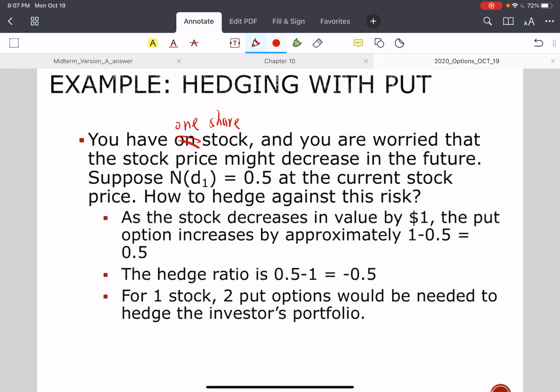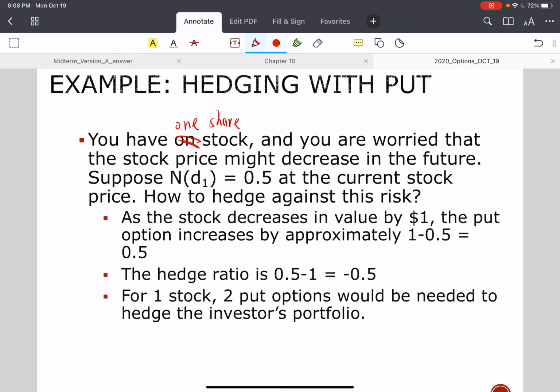So you want to hedge against this risk, and we assume N(d1) is 0.5 at the current stock price. How do you hedge against it? Well, a general result about hedging this type of risk is you will want to buy put options as portfolio insurance. Now let's see how this could help you.